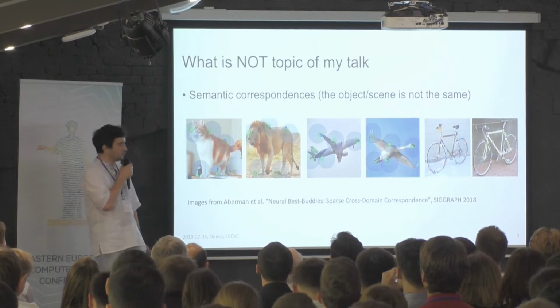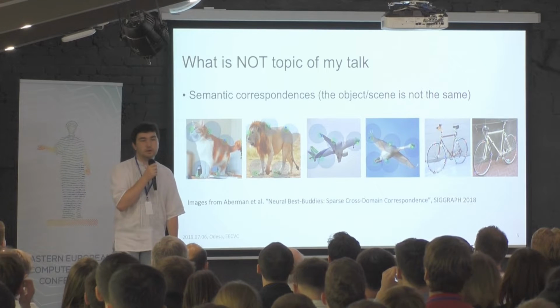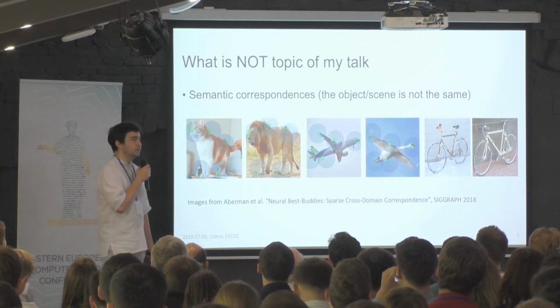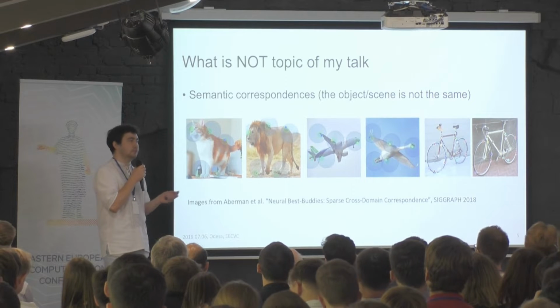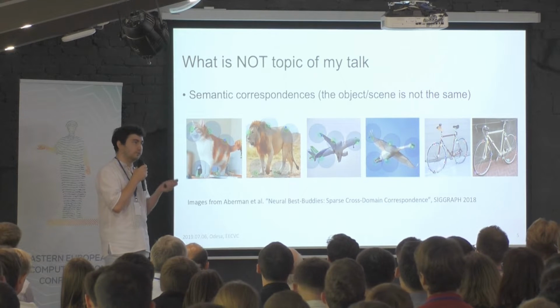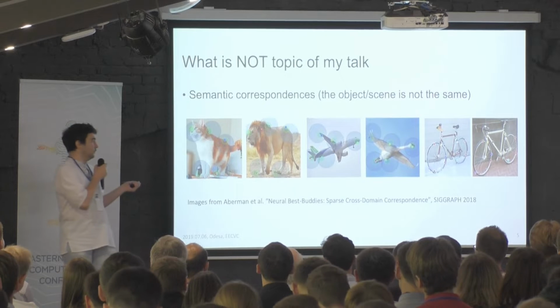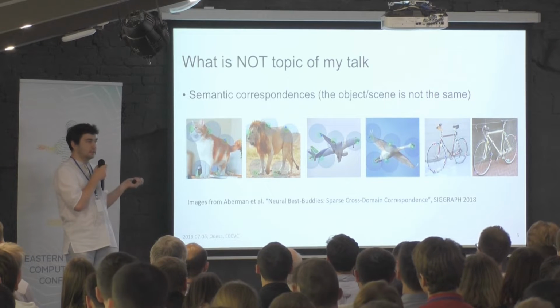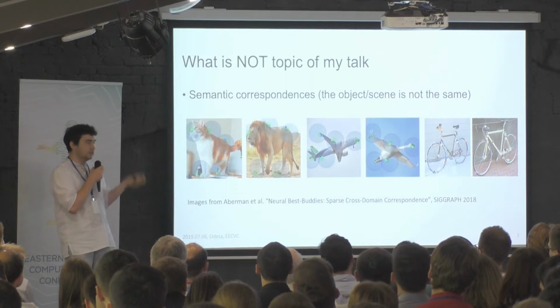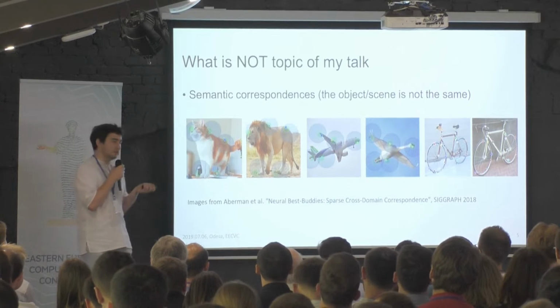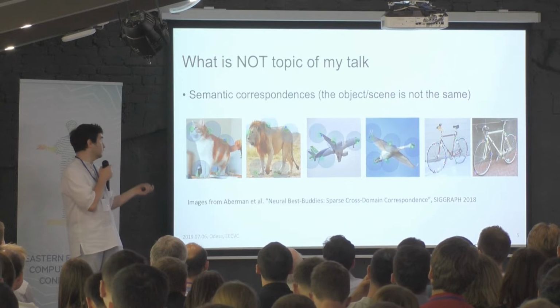Okay, so what I will not be speaking about is, first, finding semantic correspondences. This is quite a separate, another type of problem. If you have the eyes of a cat versus a lion, or another cat, or this goose, or the bicycle, it is just another thing, which I don't know much about.